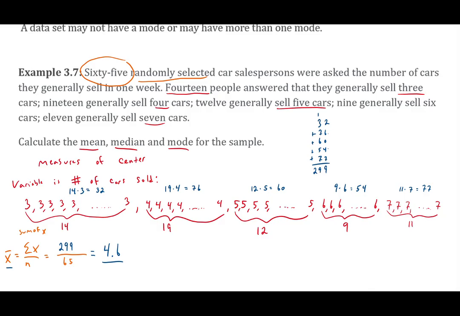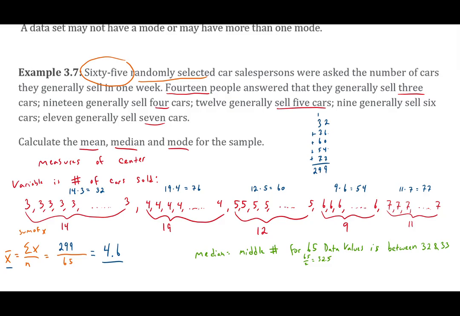Now, in order for us to find the median, we are again looking for the middle number. The middle number for 65 data values: 65 divided by 2 would be 32.5, so it's between the 32nd and 33rd data value.